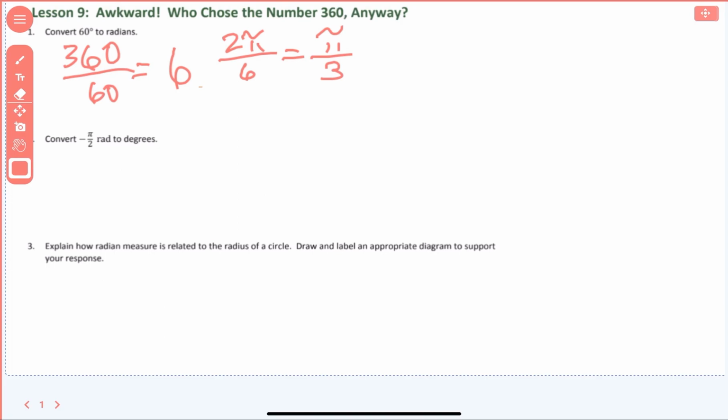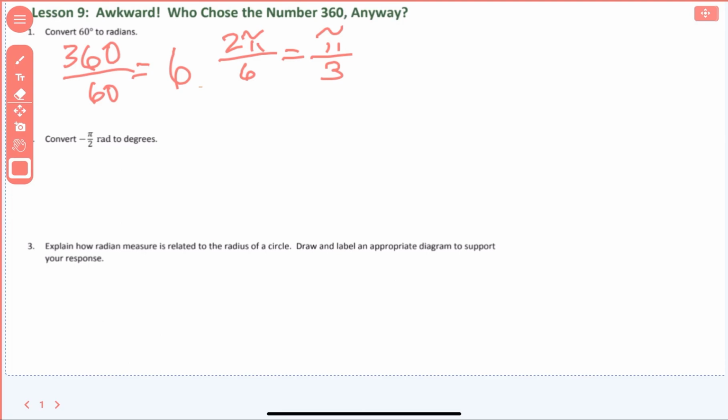Now, to go from radians, or rads, to degrees, it's very simple too. Convert negative pi over 2 to degrees. Be careful, because I know we're used to saying 3.14 for pi, right?